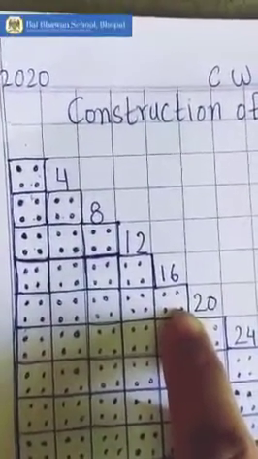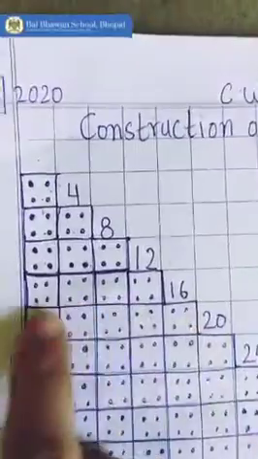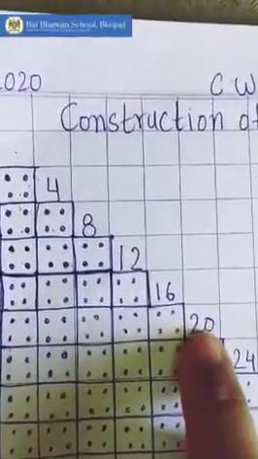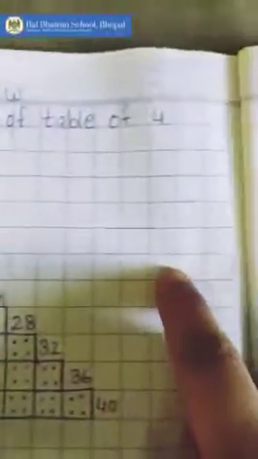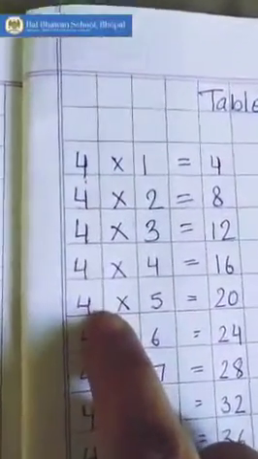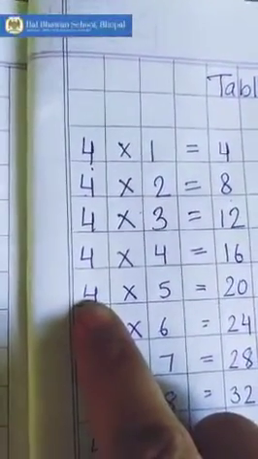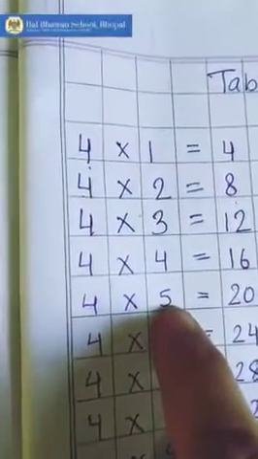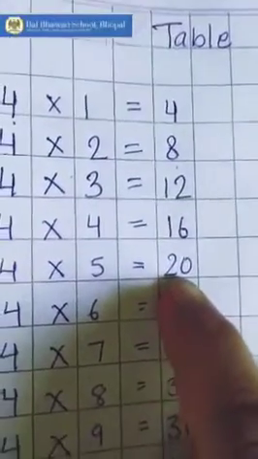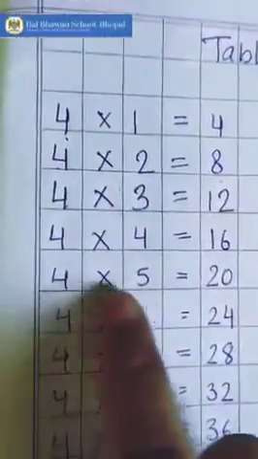Now in the next one, I have drawn 5 squares. In each square, I have 4 dots. After counting, I have received 20 as my answer. And in the same line, I have written 4 dots in 5 squares will give us 20 as our answer. 4 5s are 20.